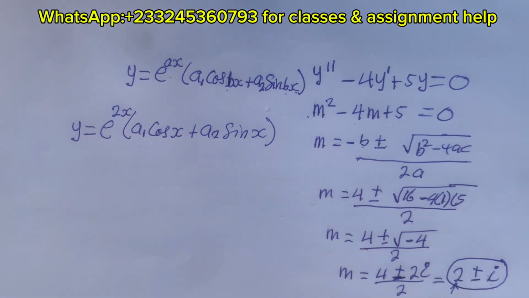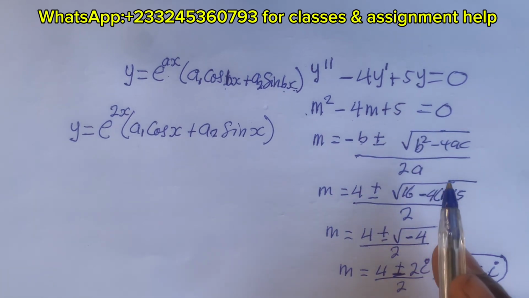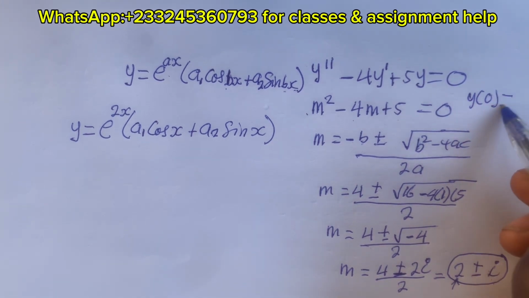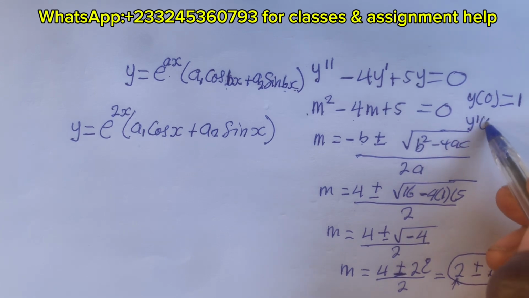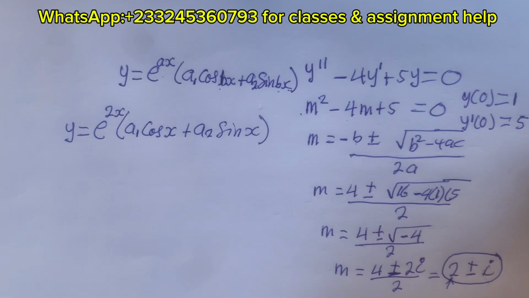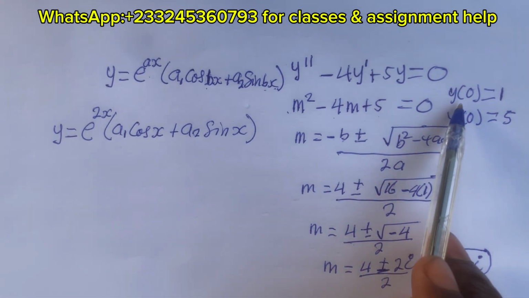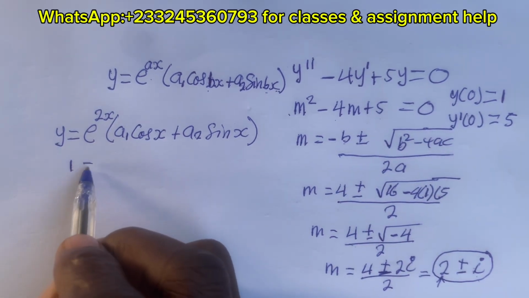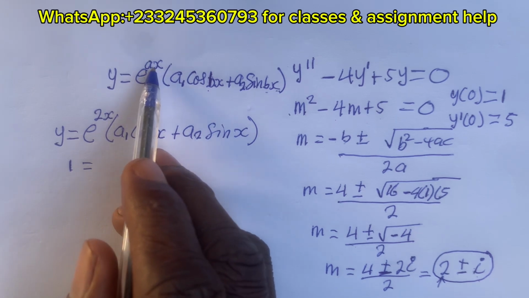Now let us impose this initial condition on this equation. If we have y of 0 equal to 1 and y prime of 0 equal 5, then we have to find the particular solution. So if we impose y of 0 equal 1, then we have 1 equal to, if we put 0 for x, e to the power 0 is 1.